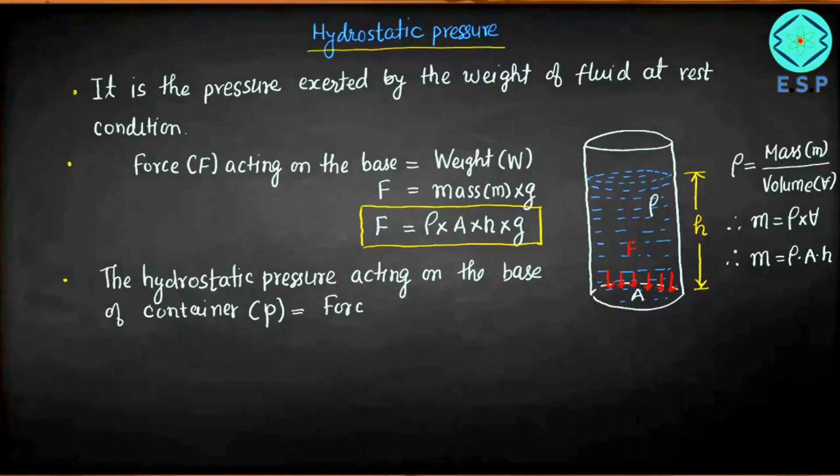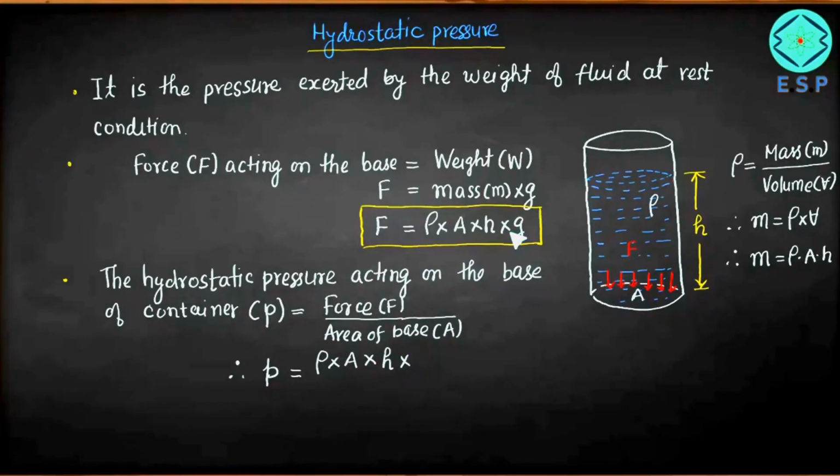The force is due to the weight, divided by the surface area, the area of the base, A. Simplifying, pressure equals mass density times area of base times height of liquid level times gravitational acceleration g, divided by area of base. The area of base is in both the numerator and the denominator, so it cancels.